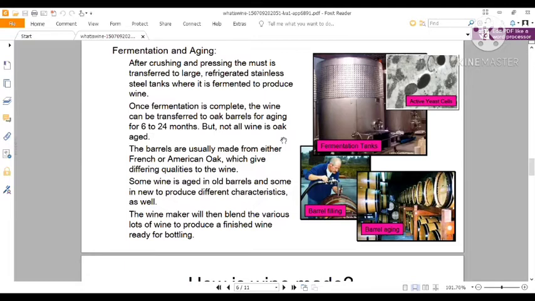Some wines are aged in old barrels, and some in new, which produce different characteristics as well. The winemaker will then blend the various lots of wine to produce the finished wine ready for bottling.